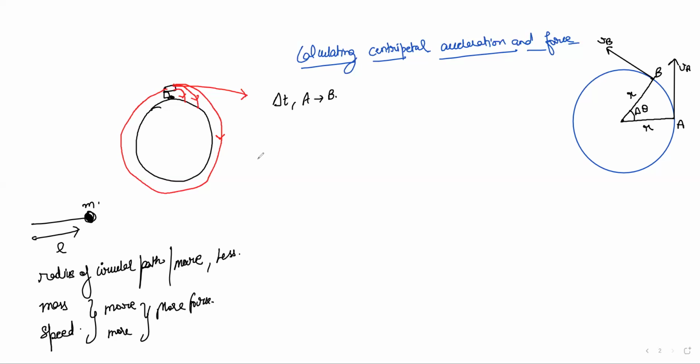How do we define that? Theta, meaning angle in radians, is equal to length of arc divided by radius. This is what we do, right?